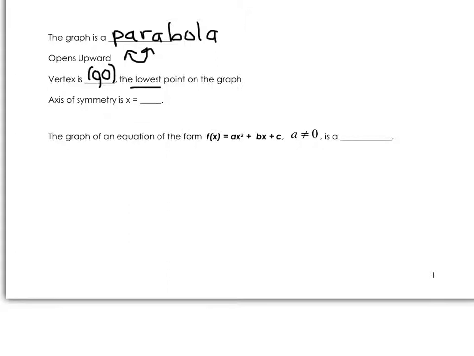The axis of symmetry is the y-axis, and the equation for the y-axis is x equals 0. All vertical lines are of the form x equals some value, and x in this case equals 0. So the graph of an equation of the form f of x equals ax squared plus bx plus c is called a parabola.